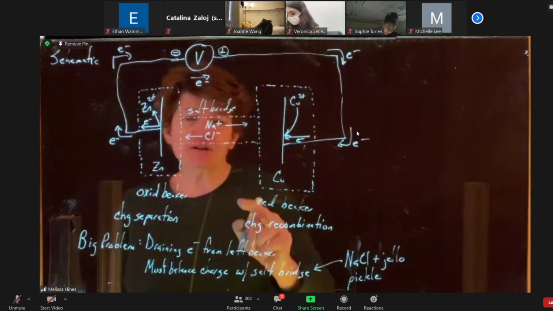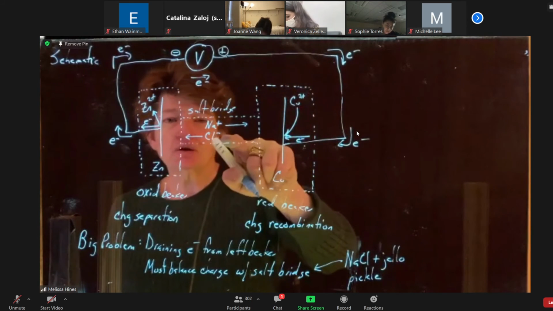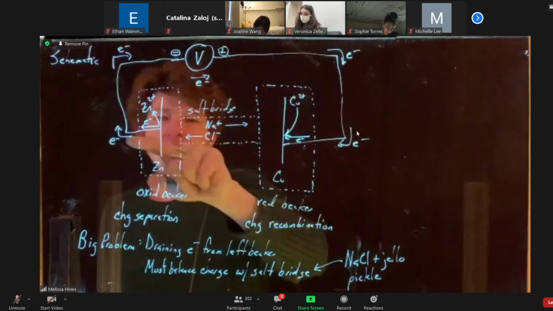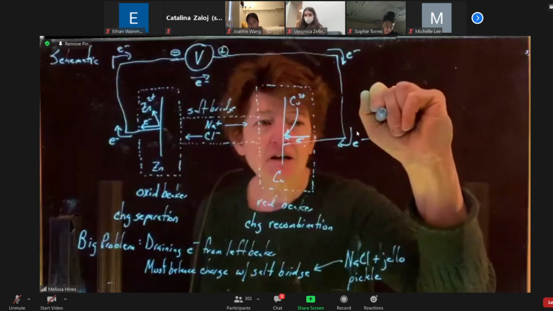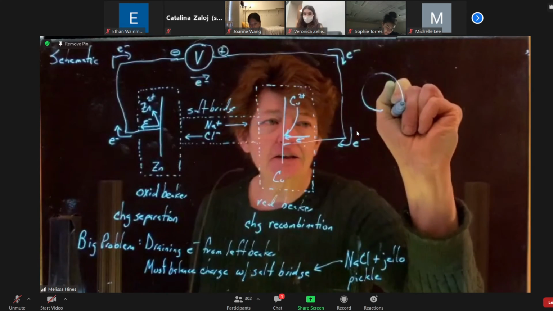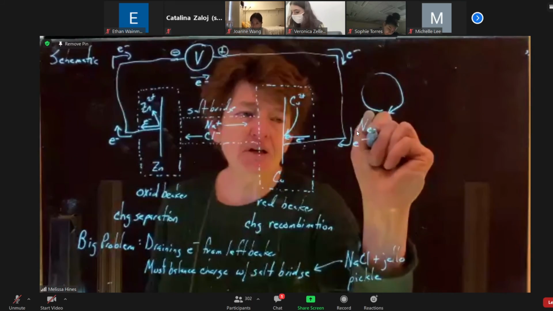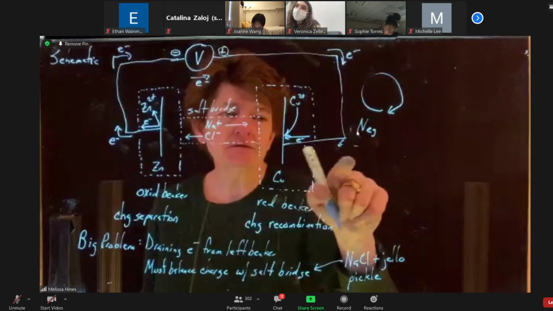And so you can see what's going on now. If you look at this, chloride goes to the left and electrons go around like this. And so all of our negative species are going clockwise.